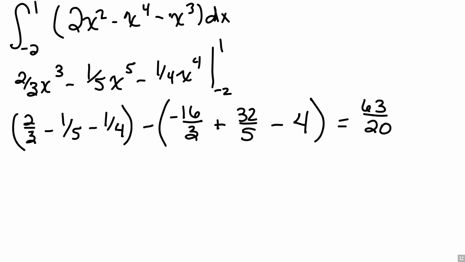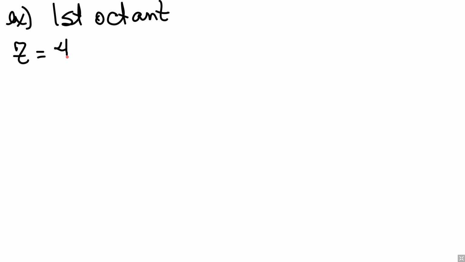Okay. So in this example, we're dealing with the first octant, and our equation is z equals 4 minus x squared minus y. And we're trying to find the volume.